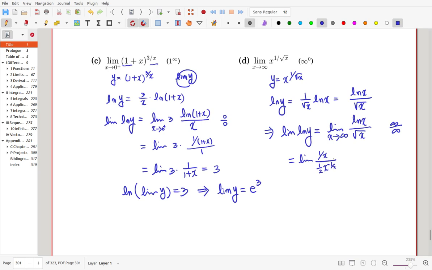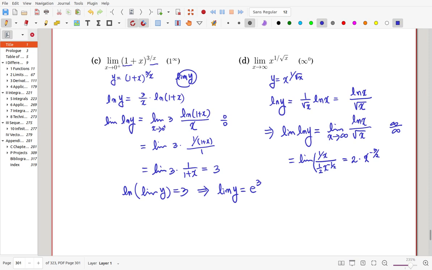Right? Okay, so if we simplify this one, then the constant will be 2.